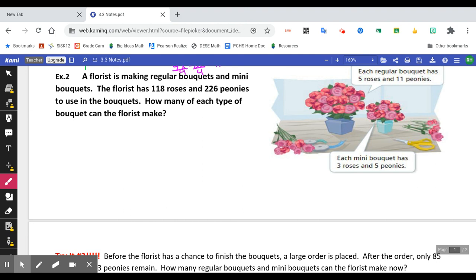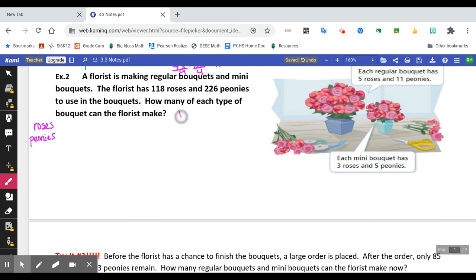Okay, if you're noticing, the two separate things we're talking about here are roses and peonies. So we need to make an equation that has one all about roses and one all about peonies to get started. All right, then we'll solve for how many bouquets we have.